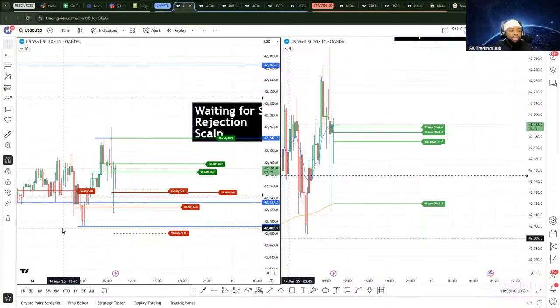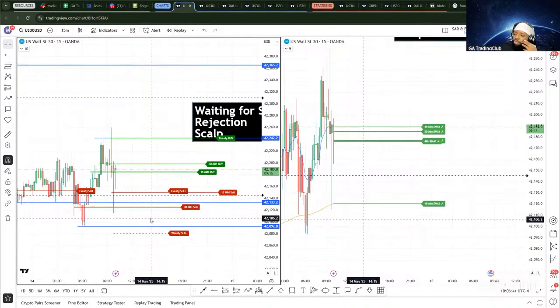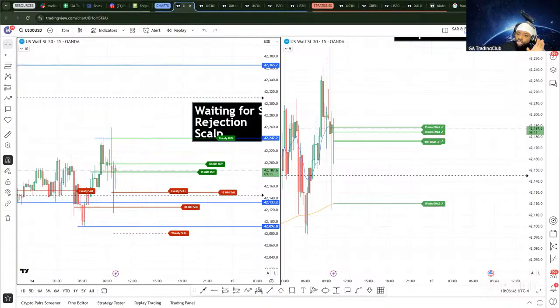So the idea is that if price comes back down there, you expect some sort of rejection. So maybe going forward, we might substitute the order block rejection scalp with the pre-market rejection scalp, because at least the pre-market highs and lows are nicely spaced out compared to the order blocks that sometimes are pretty close to each other.